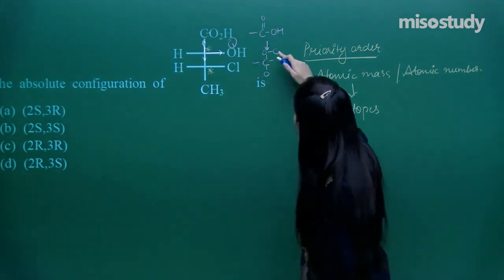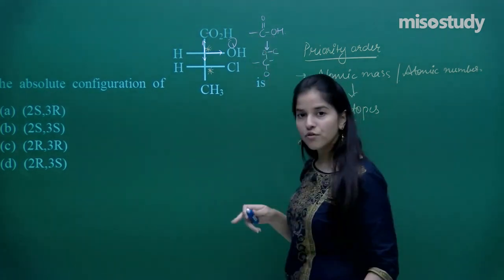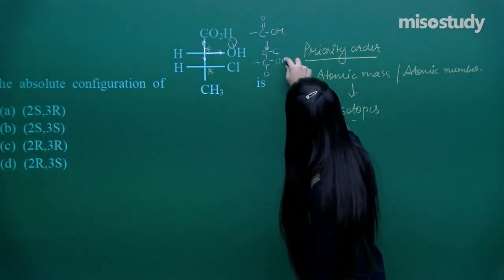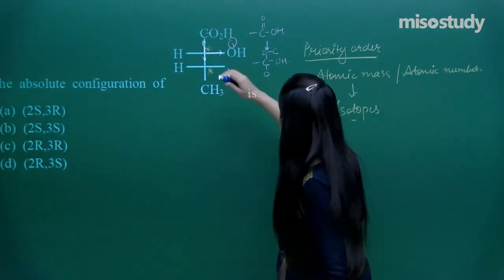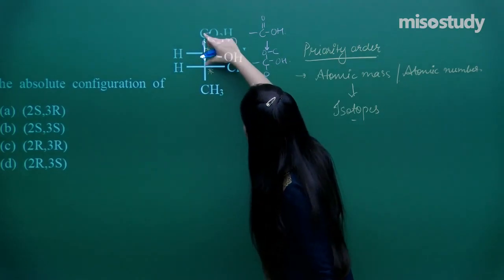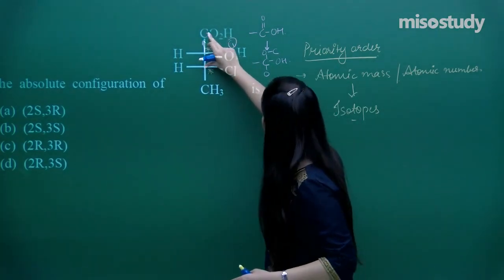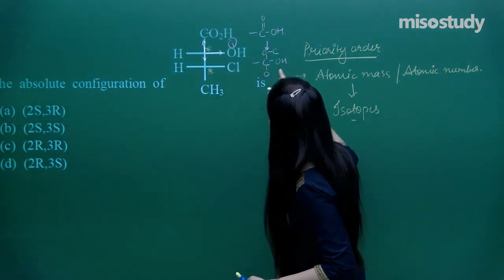That is how we deal with the C double bond O, as we have discussed earlier, and finally the OH. Now, the first carbons are of similar types. The next atom would be the oxygen as per the treatment.